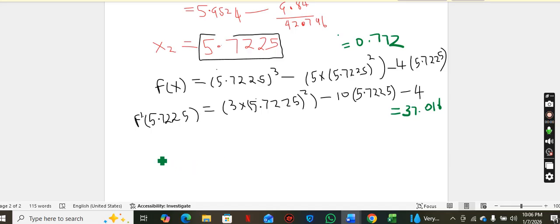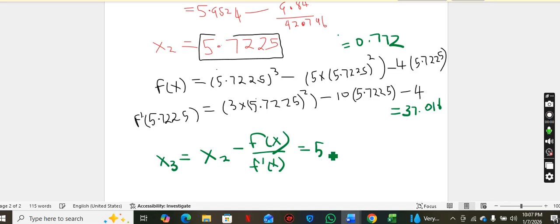Yes, so we now get x3. x3 equals x2 minus f of x over f prime of x. x2 is 5.7225 minus, so here you say 0.772, because remember the solution you got from f of x comes on top here.